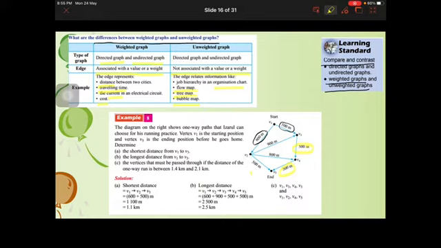And C, the vertices that must be passed through if the distance of the one-way run is between 1.4 km and 2.1 km. So it's a one-way path from V1 to V5. That is the problem.